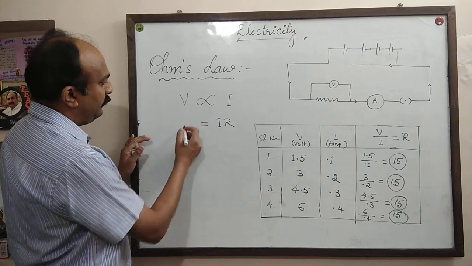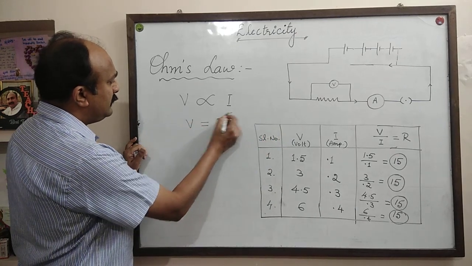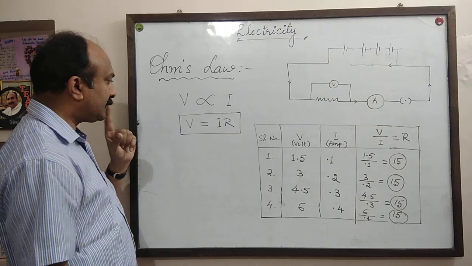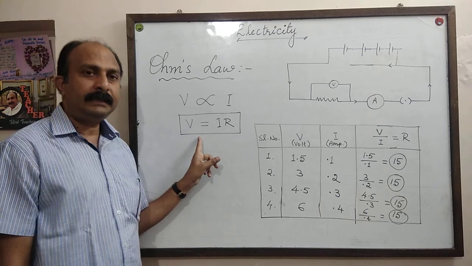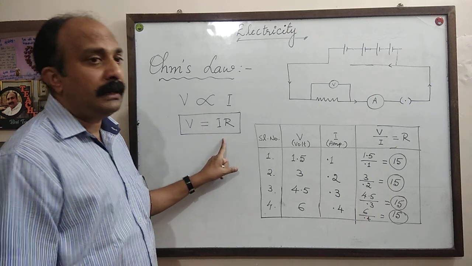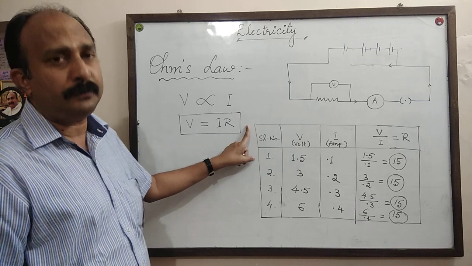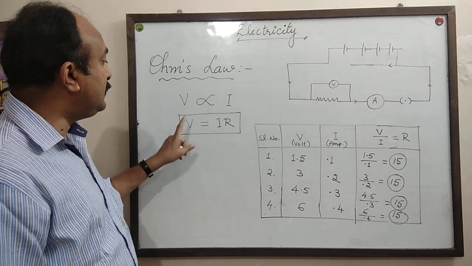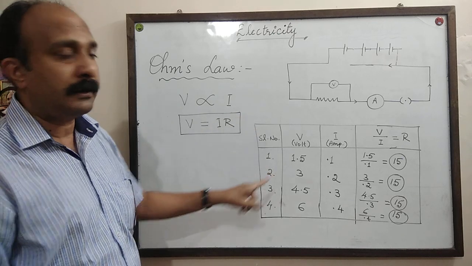Now we will get the same formula from here. So V is equal to IR. This is the mathematical representation of Ohm's law. The mathematical representation of Ohm's law is V is equal to IR.